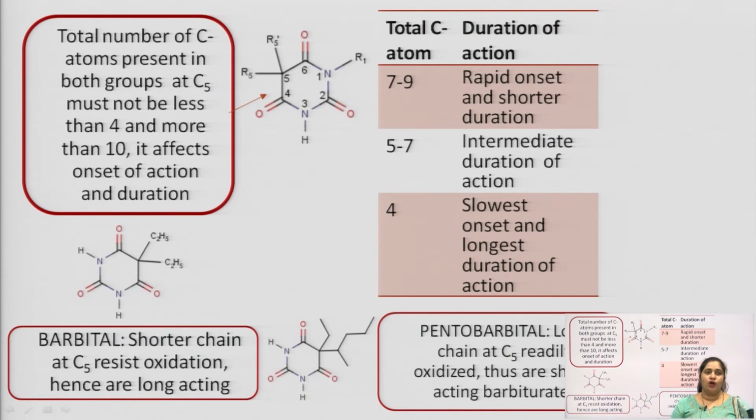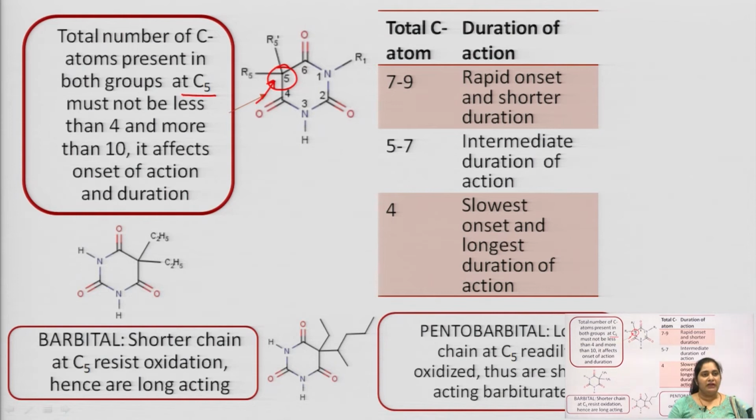Further, we will explore the structure activity relationship of this barbiturate category. First of all, we have to keep in mind the total number of carbon atoms that are possessed by both of the substituents at position number 5. Suppose both are substituted with ethyl, so the number is 4.